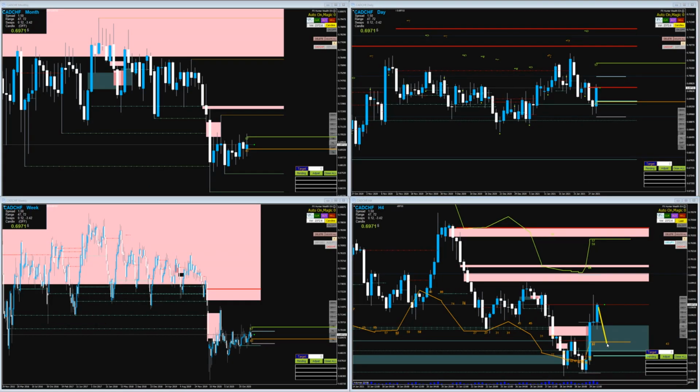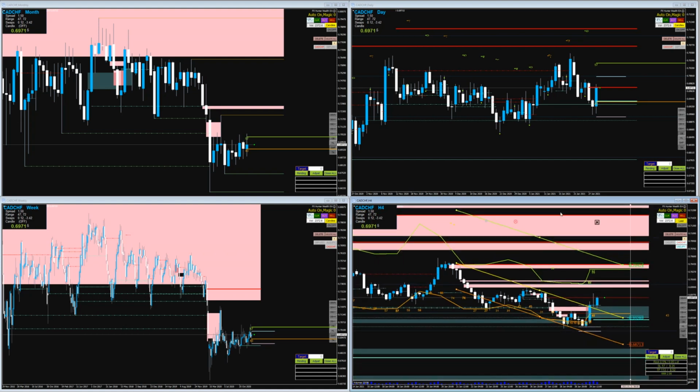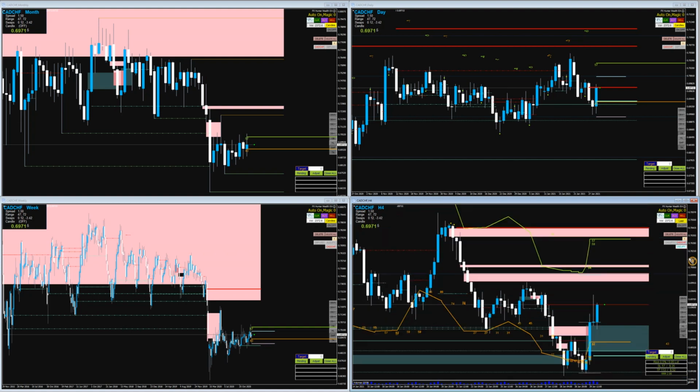With maybe a little retracement, and we'll try to enter the market. Or what I can do as well is set up something like a retest of the trend line, and that could be my trade, something like that, right? So this tool gives me a lot of options for this.